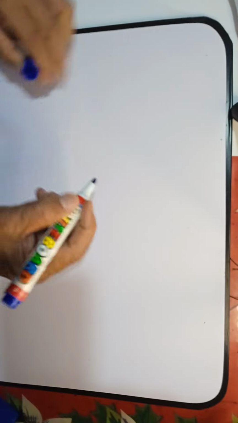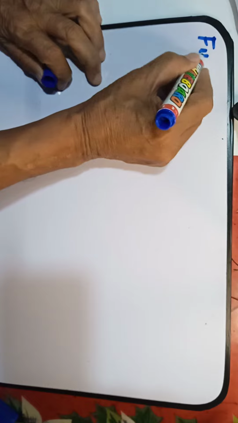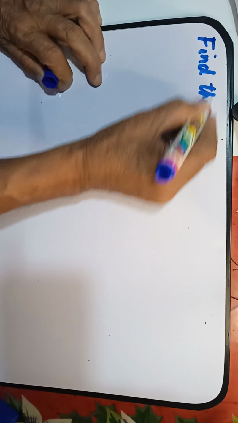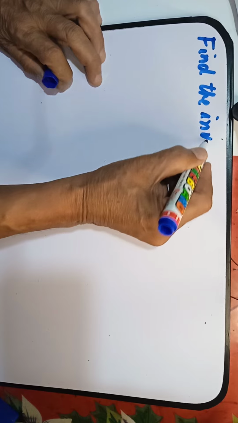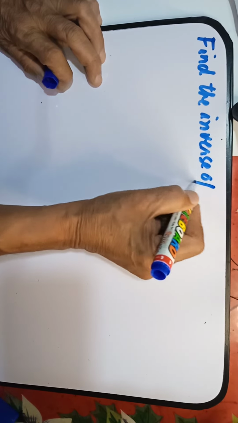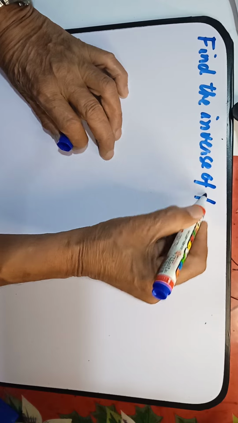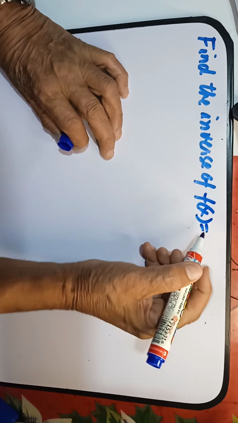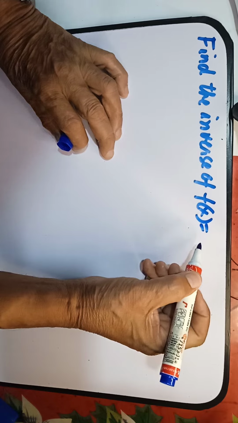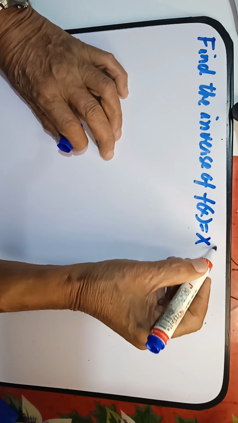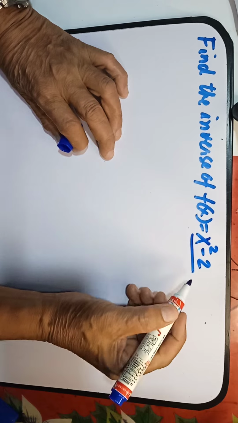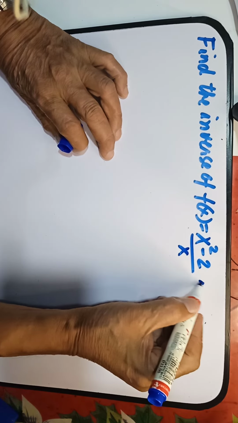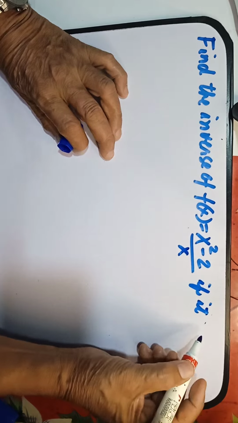Example: find the inverse of f of x equals x squared minus 2 over x, if it exists.